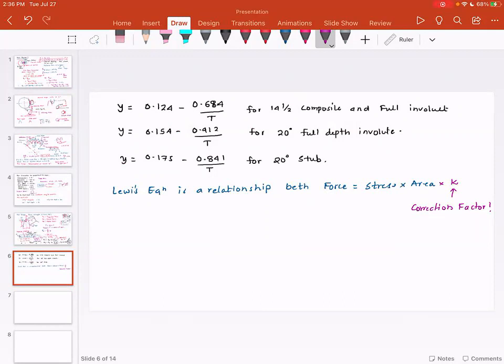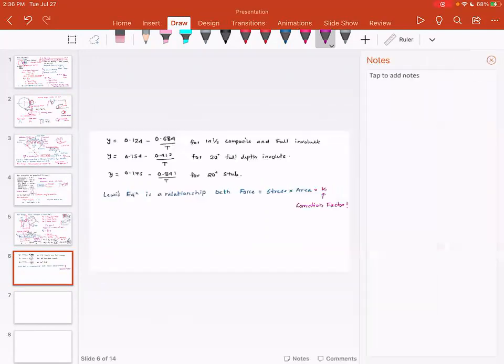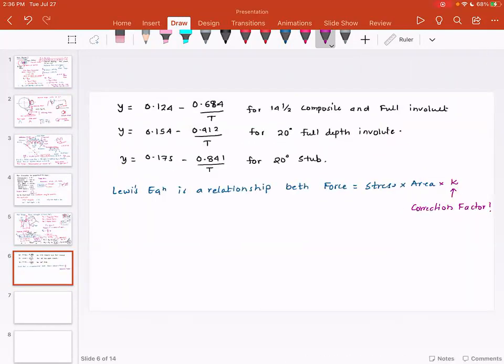And this stress, which we denoted as sigma, is also denoted as sigma W. And this sigma W is called the working stress.